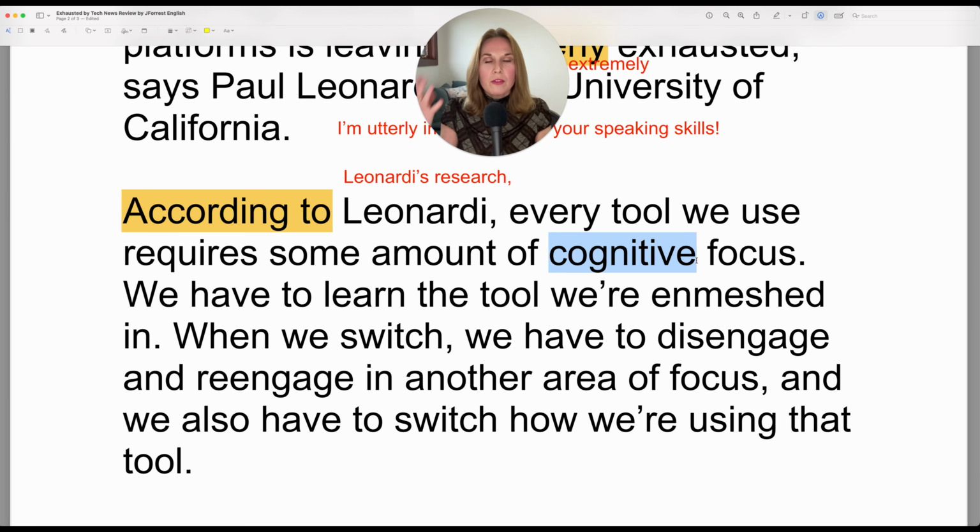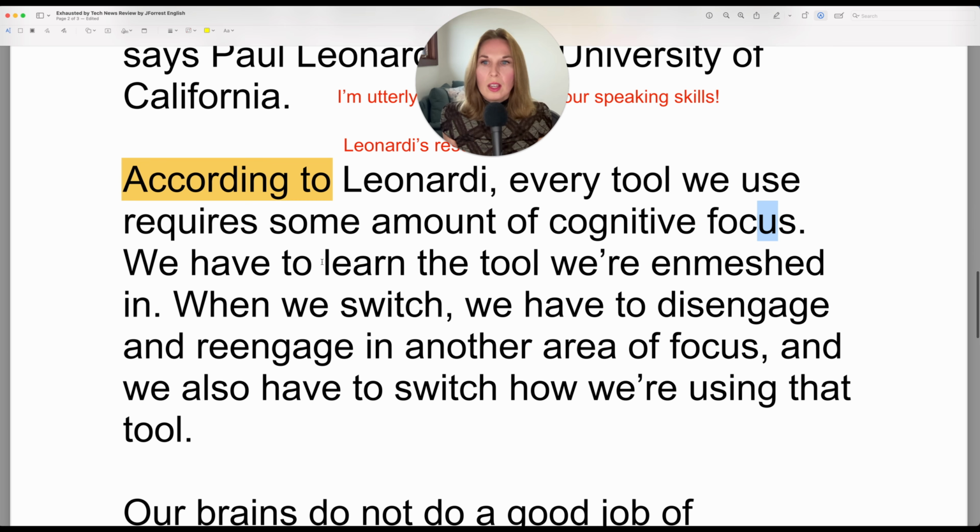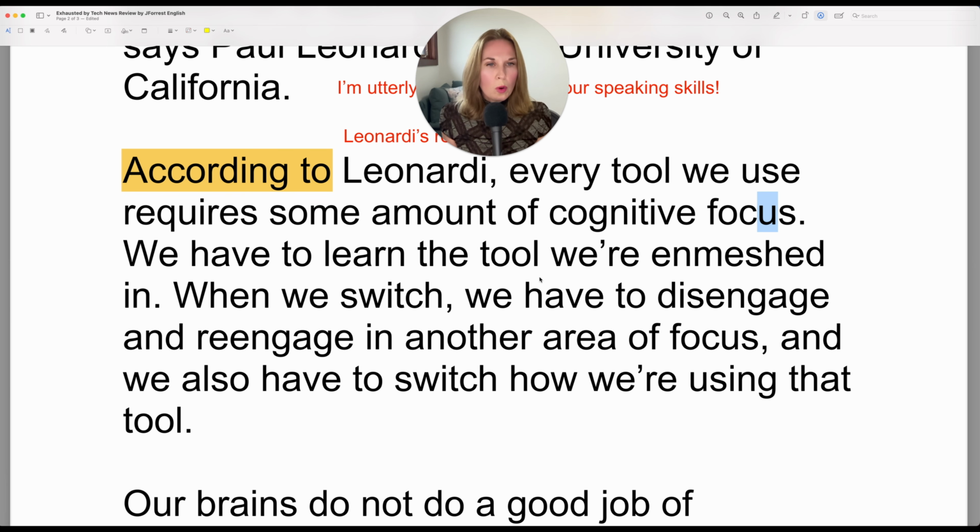So every tool we use requires some amount of cognitive focus. So cognitive, just think of your brain and the processes taking place to help you pay attention, to focus, of cognitive focus. We have to learn the tool we're enmeshed in. This is an interesting choice, not very common at all.